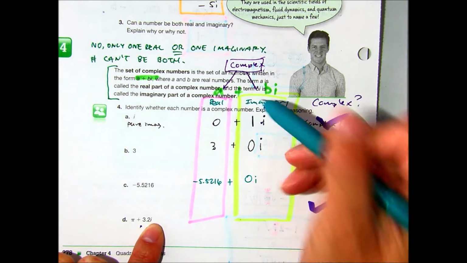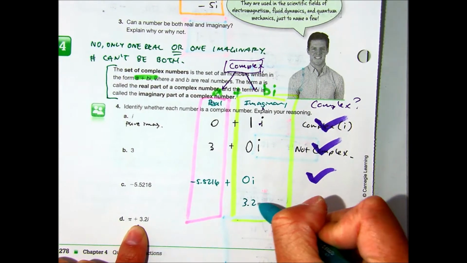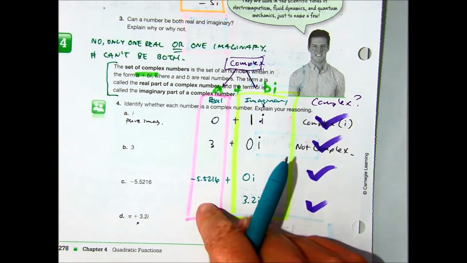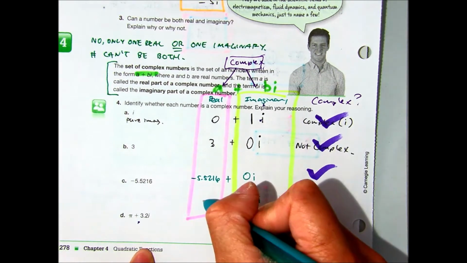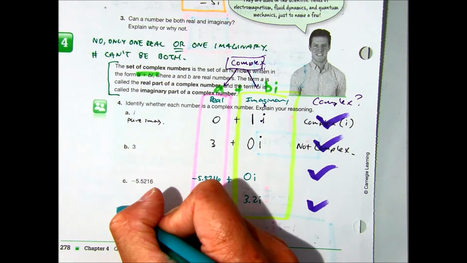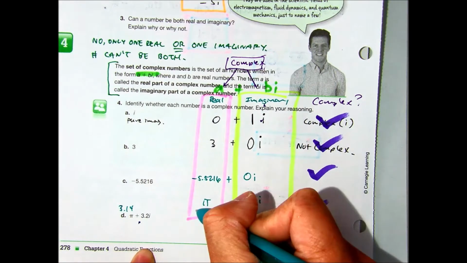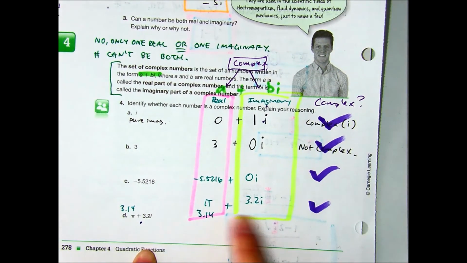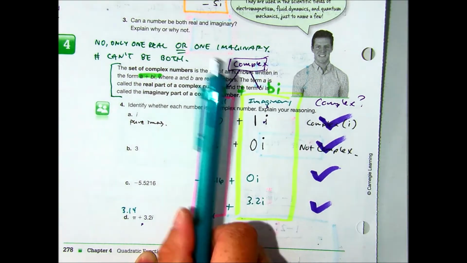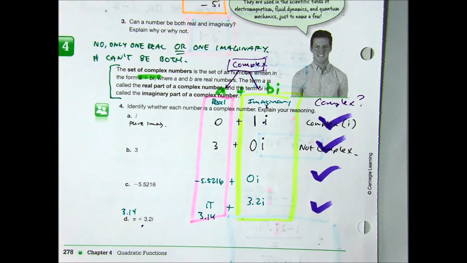It represents the imaginary. So I'm going to write 3.2i over here. What do you think you're going to write over here for the real? Pi. The reason why you write pi over here, because pi is approximately what? 3.14. So in some ways you can think of it as 3.14 or pi plus this. So this is written in the form of the real plus the imaginary, and it is a complex.